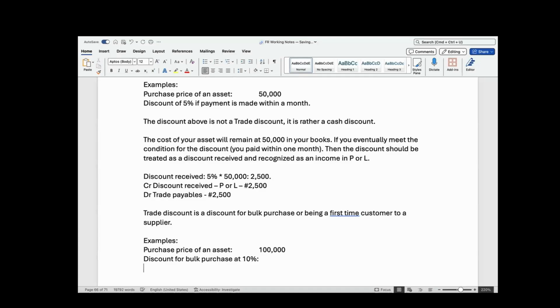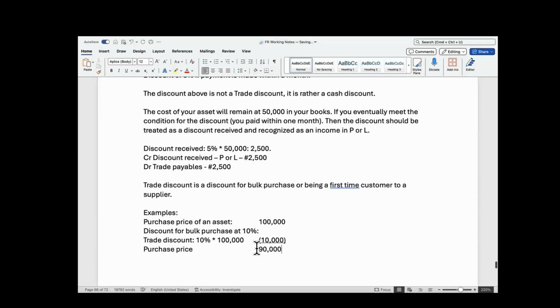In this case, we just deduct the trade discount, which is 10% times 100,000, which is 10,000. What you will record as your purchase price in your books is not 100,000, but 90,000. That's simply because you are getting this 10,000 outright.